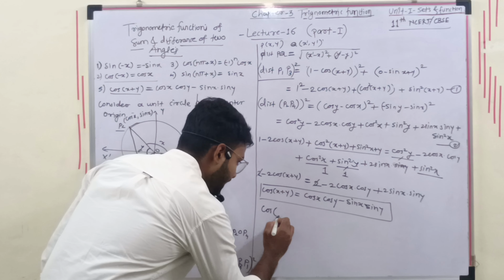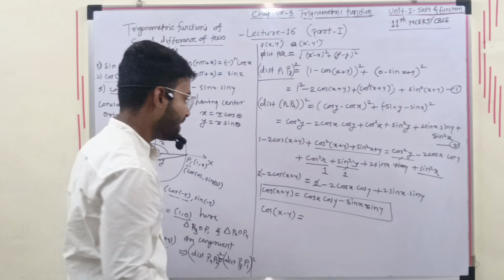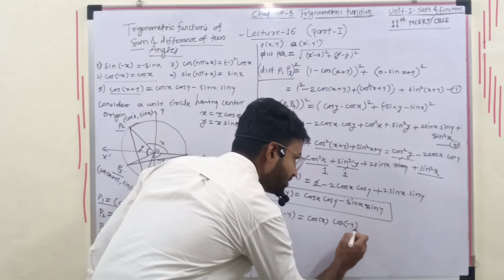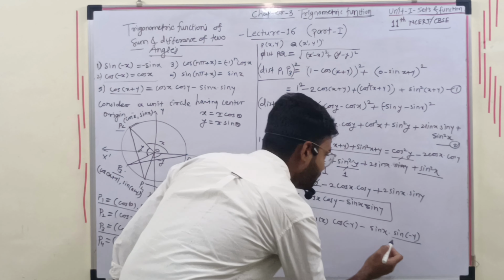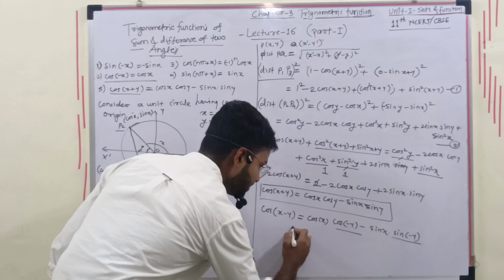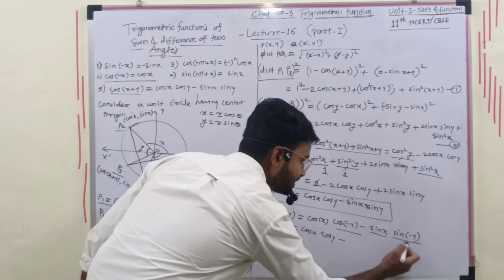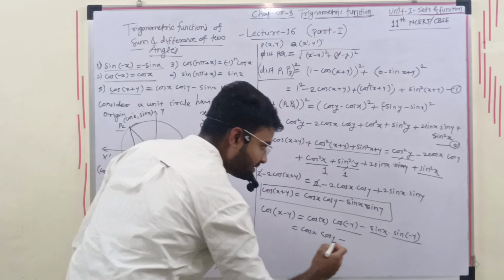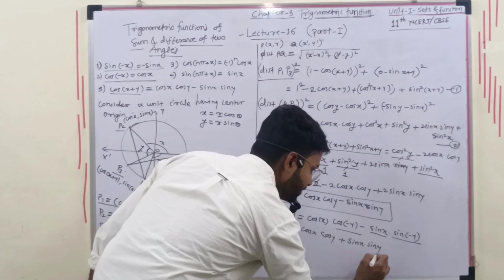Similarly, we can find cos of x minus y. For cos of x minus y, just replace y by minus y. So we get cos x cos of minus y minus sin x sin of minus y. But we know that cos of minus y is equal to cos y, so it is simply cos x cos y, and sin of minus y is minus sin y, so minus minus becomes plus sin x sin y.